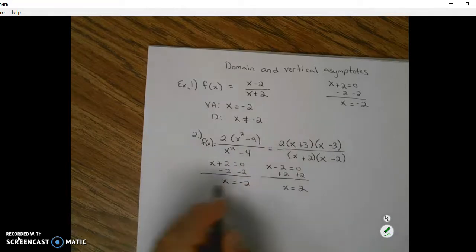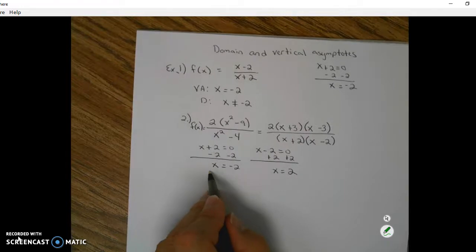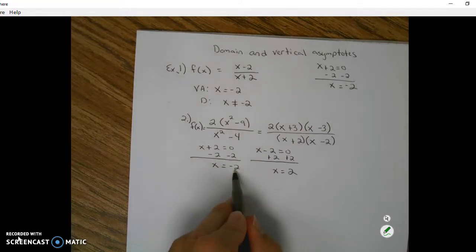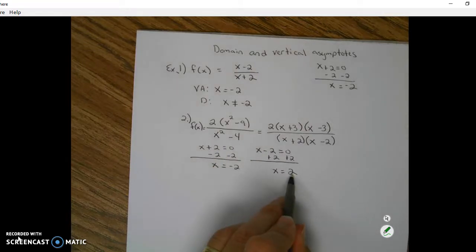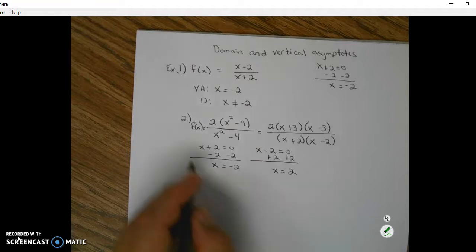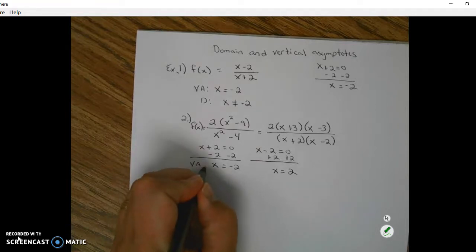And we have two vertical asymptotes. So when you graph this function, you have a vertical asymptote at -2 and one at 2. So both of these are vertical asymptotes.